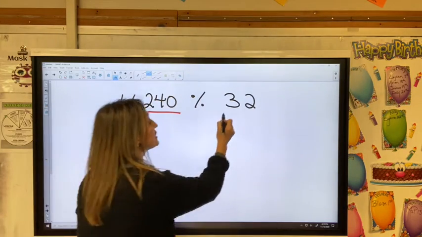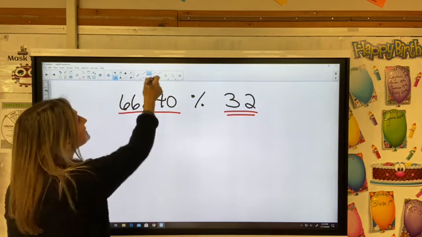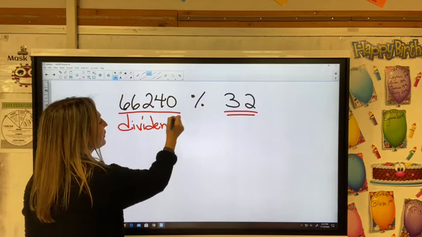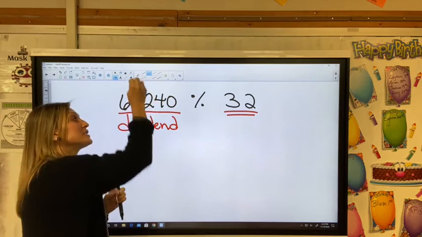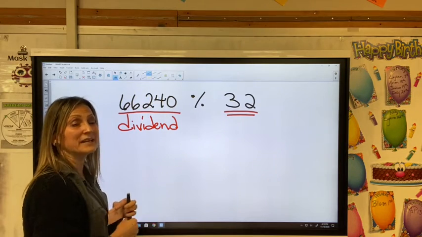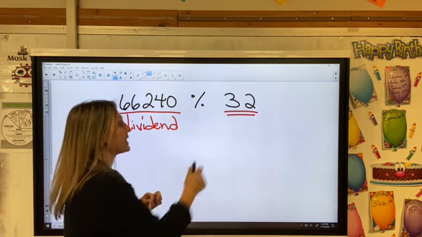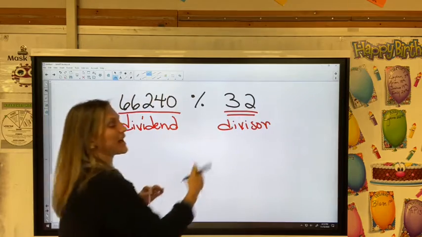And I want to divide it by this item right here. This item is called your dividend. That is what you're dividing into. I'm going to go into this dividend and see how many groups of 32 will actually go into that. This is called your divisor. It is what you're dividing by.